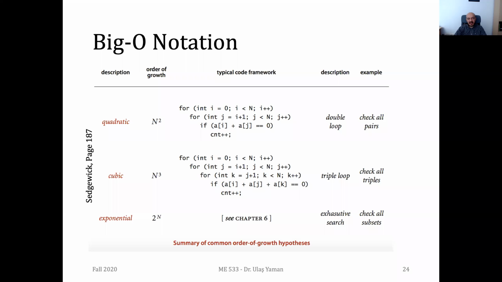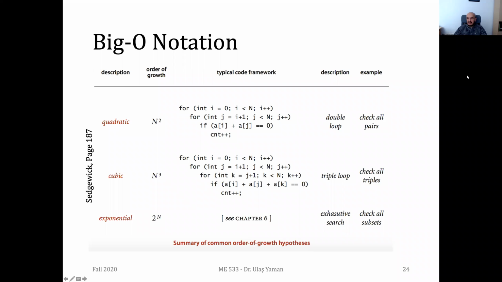So we don't prefer such implementations, such algorithms, and this is called exhaustive search. For instance, if you have a large set of numbers and you check all the subsets, that will be an exhaustive search, and its time complexity is exponential.